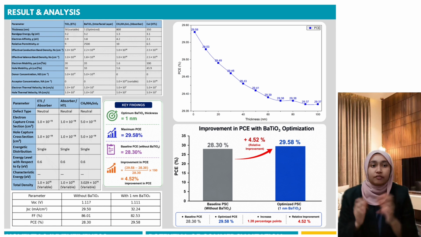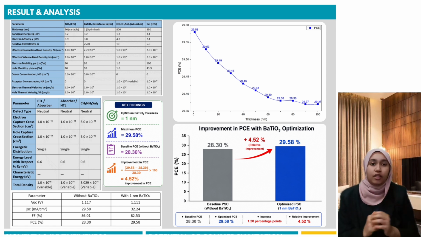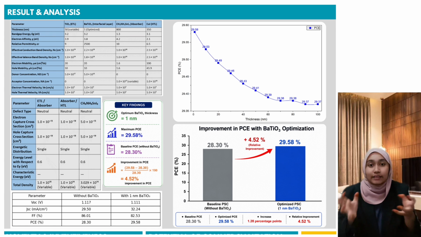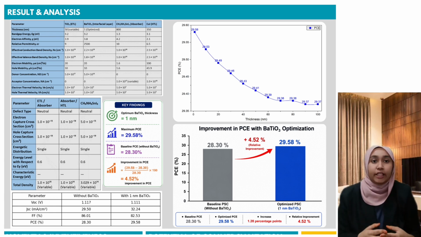Although the open circuit voltage and fill factor decreased slightly, the significant increase in short circuit current density resulted in a higher overall efficiency. This suggests that the barium titanate layer successfully improved charge collection within the device.